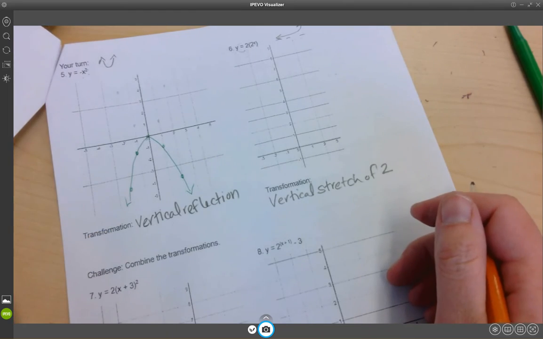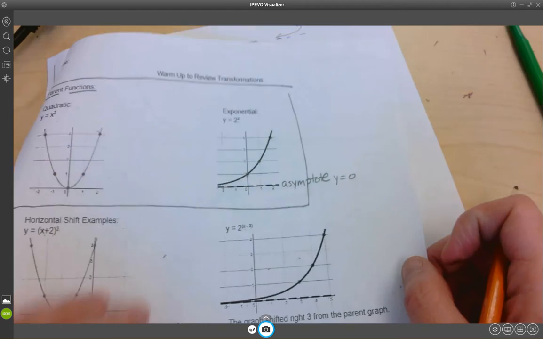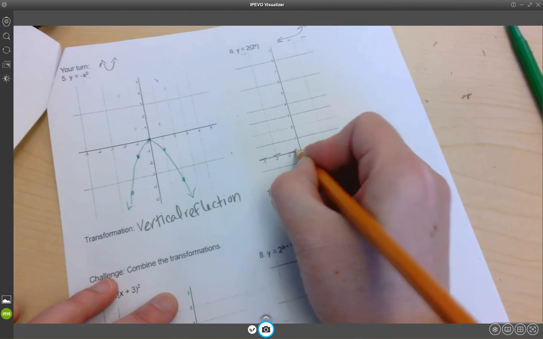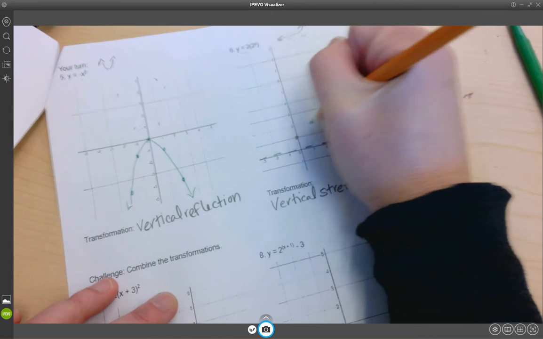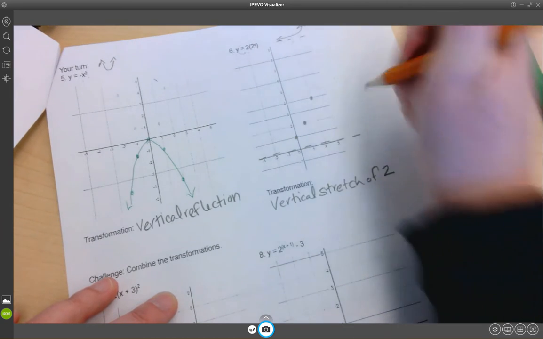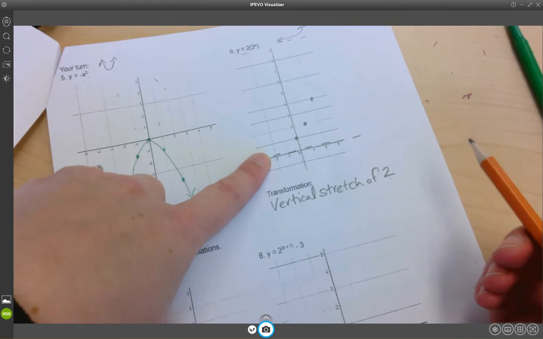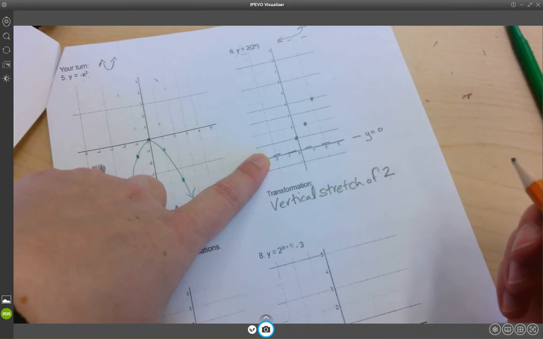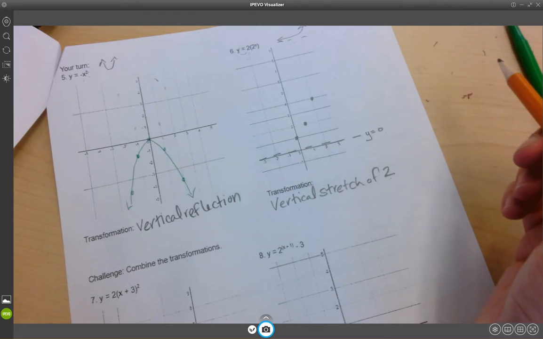So I'm going to go back to the parent function and sketch that in so I can see what it is that I'm transforming. The parent function has an asymptote at y equals 0, and points at (0, 1), (1, 2), and (2, 4). Okay, so if I stretch by 2, I'm going to be multiplying my y values by 2. This asymptote at y equals 0, when you multiply that by 2, it still stays at y equals 0, but the points are all going to move.